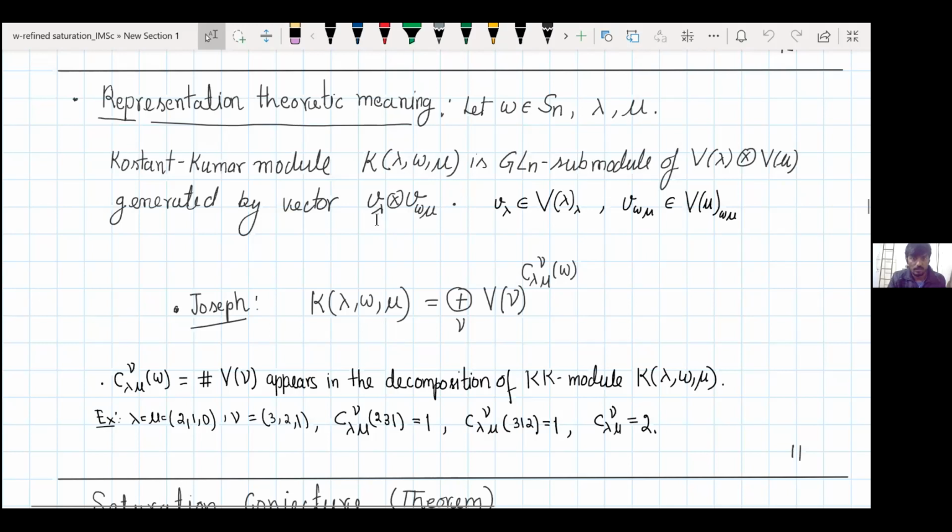It is generated by V lambda tensor V W mu, where V lambda is the highest weight vector in V lambda, and V W mu is the nonzero weight vector in V mu of weight W mu. This submodule also decomposes, and the decomposition is given by Anthony Joseph. In this decomposition, the number of times V nu appears is exactly equal to the refined Littlewood-Richardson coefficient.